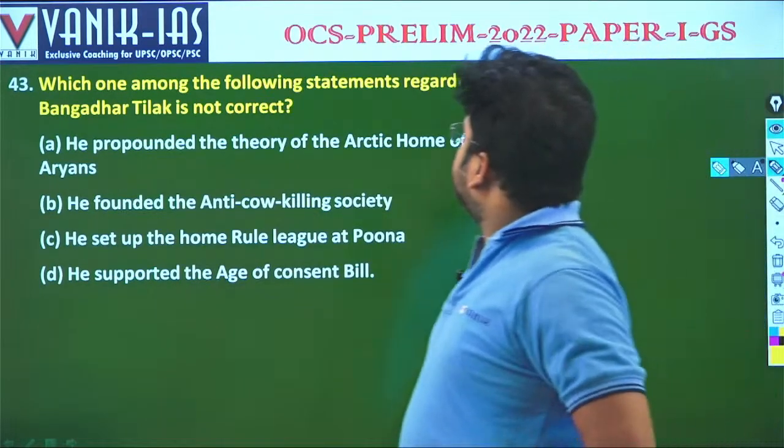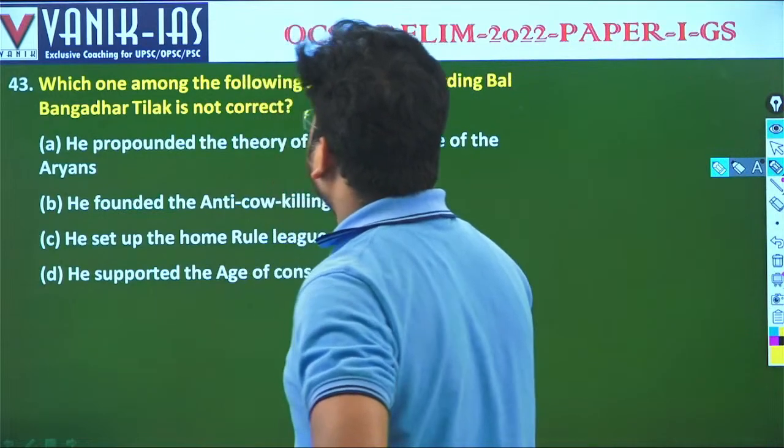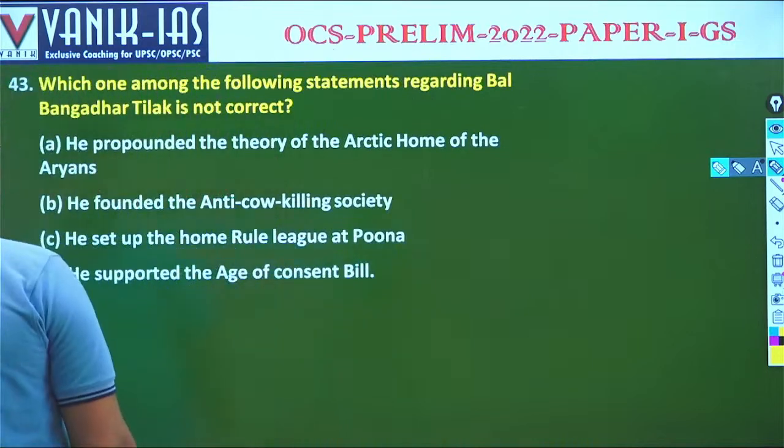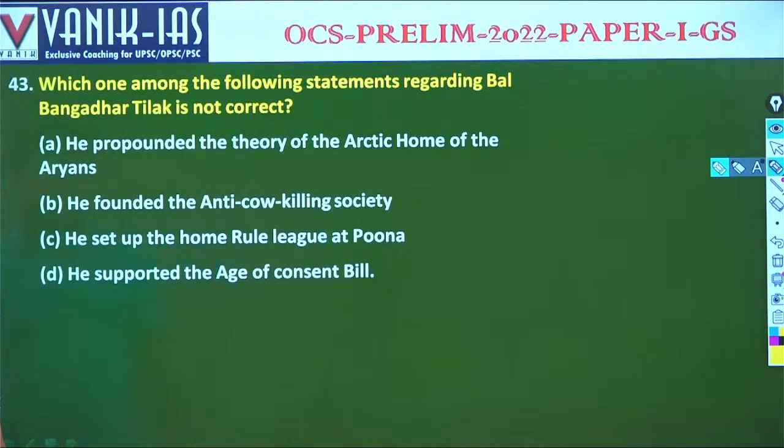Which of the following statements regarding Bal Gangadhar Tilak is not correct? He propounded the theory of the Arctic home of the Aryans. He founded the Anti-Cow-Killing Society. He set up the Home Rule League at Pune. He supported the Age of Consent Bill.